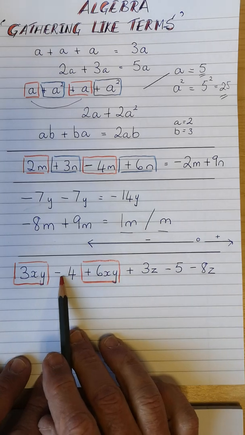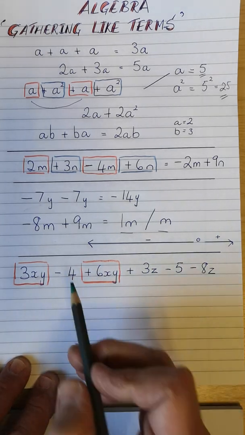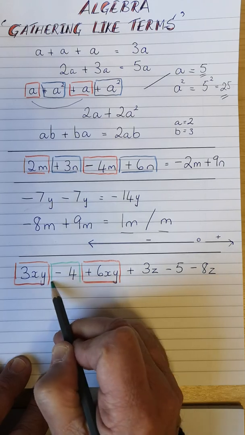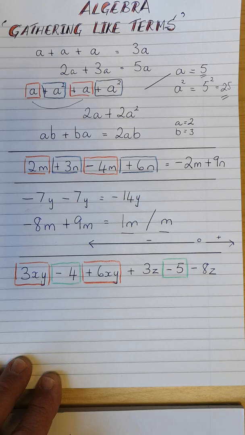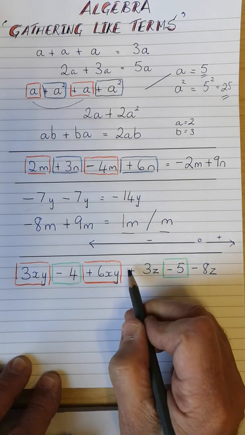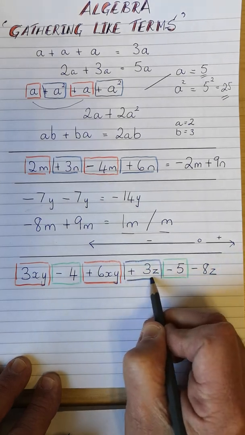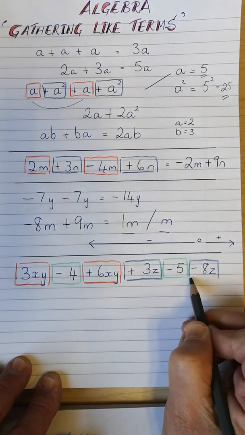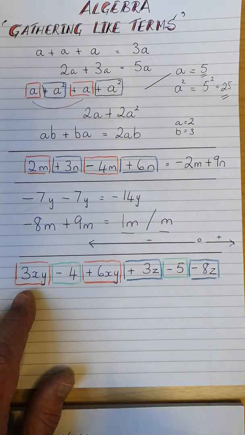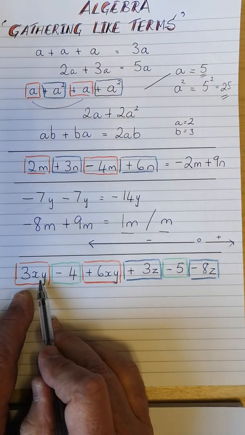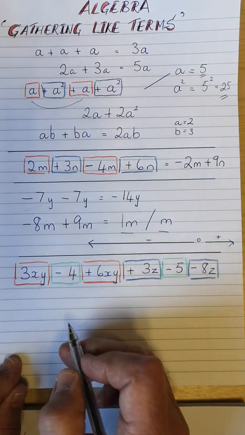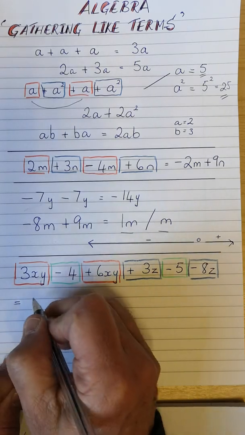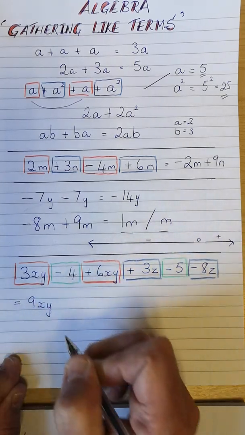We then have just pure numbers. So let's take the sign, minus 4, minus 5. I hope you guys are getting the idea of why I'm using color. And we have z's and z's, and they are the same. So, starting on this side, we have 3xy, and we get 6xy added to it. So 3xy plus 6xy is going to give me 9 lots of xy.